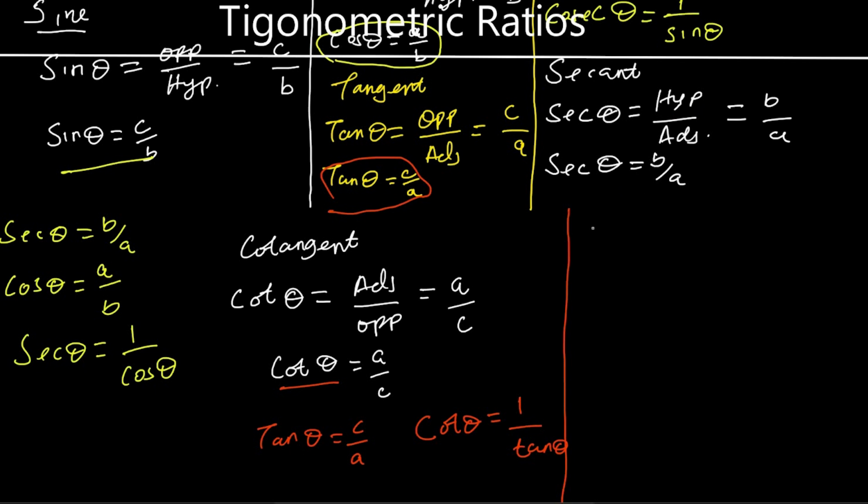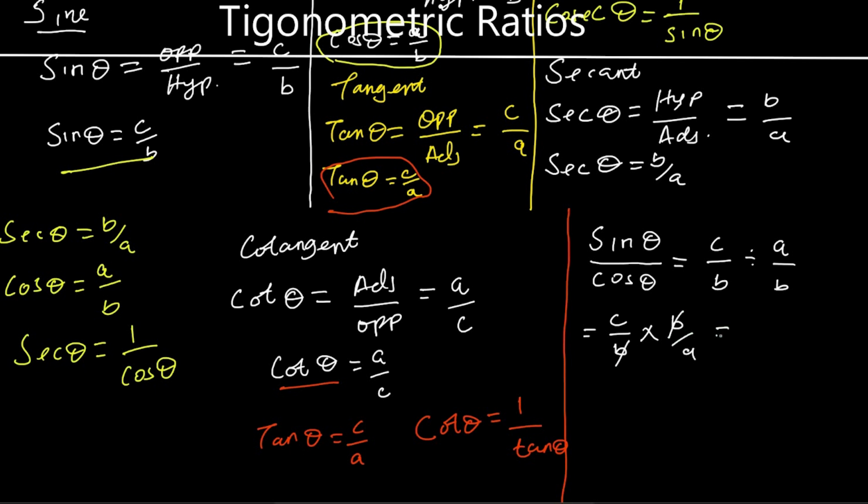If we divide the sine theta by the cos theta, for sine theta we had C divided by B. We are dividing this with cos theta, which was giving us A divided by B. Dividing is the same as multiplying by the reciprocal, which is now B divided by A, so that B and B cancel out, and you remain with C divided by A. And C divided by A is the tan theta.